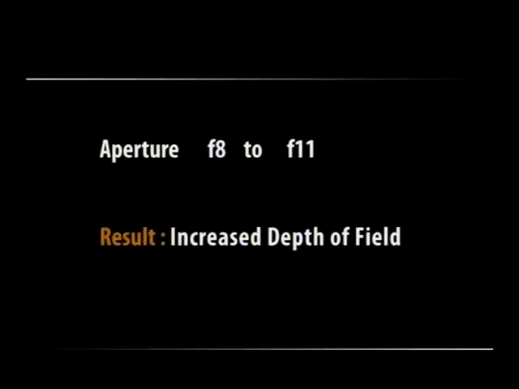In the first case, let us say it was a correct picture. In the case when I have changed the aperture to f11, I have got the facility of increasing the depth of field.